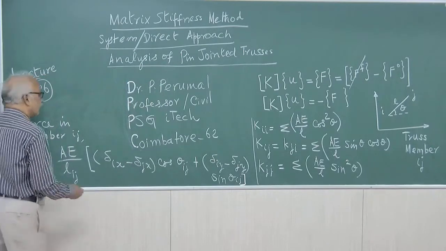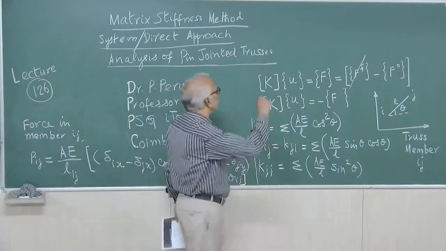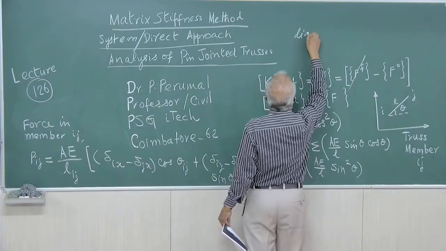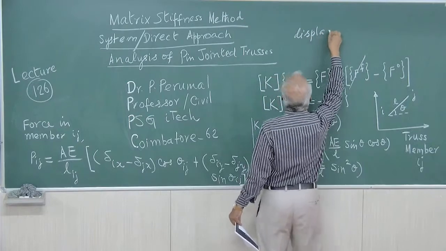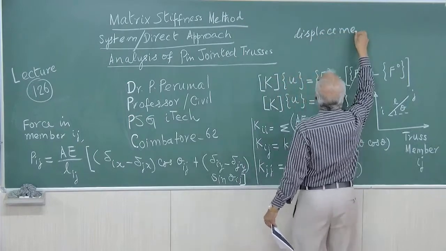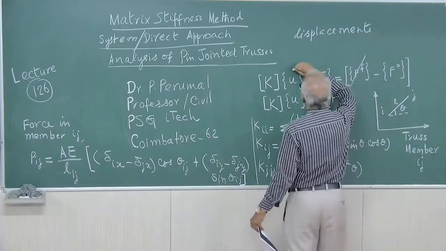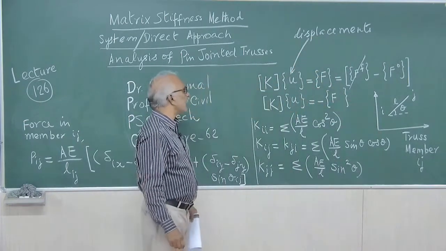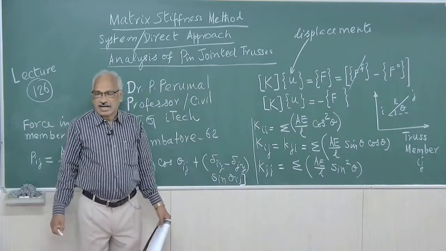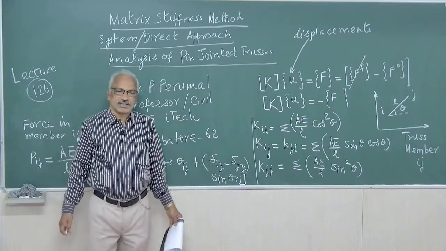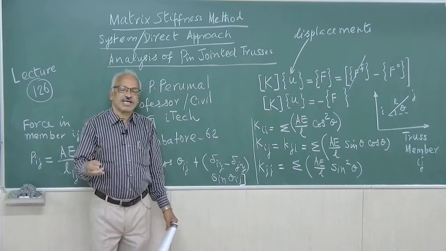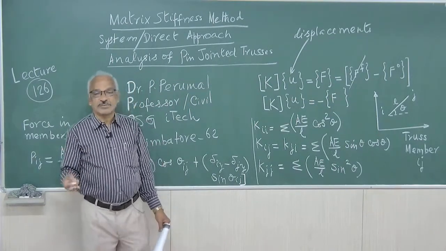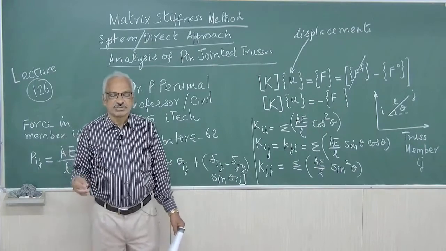Now, we know in the matrix stiffness method, the displacements U are the primary unknowns, right? And the degree of difficulty of the analysis increases with the kinematic indeterminacy of the structure.